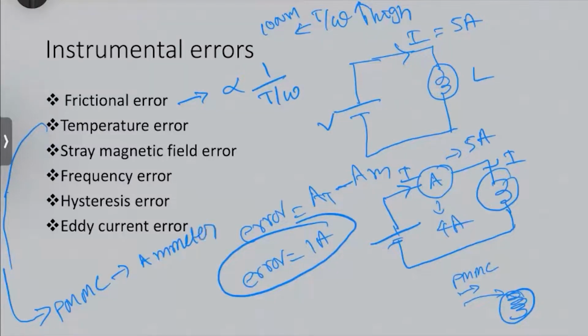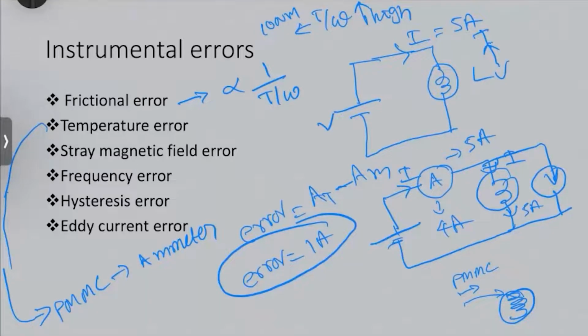Why only the ammeter, not the voltmeter? In an ammeter, the meter is going to carry more current. In a voltmeter, we connect it across the voltage. Whenever you connect an external instrument, it should not affect the circuit conditions. Whatever current is taken by the load, the same current needs to flow even though you connected the voltmeter.